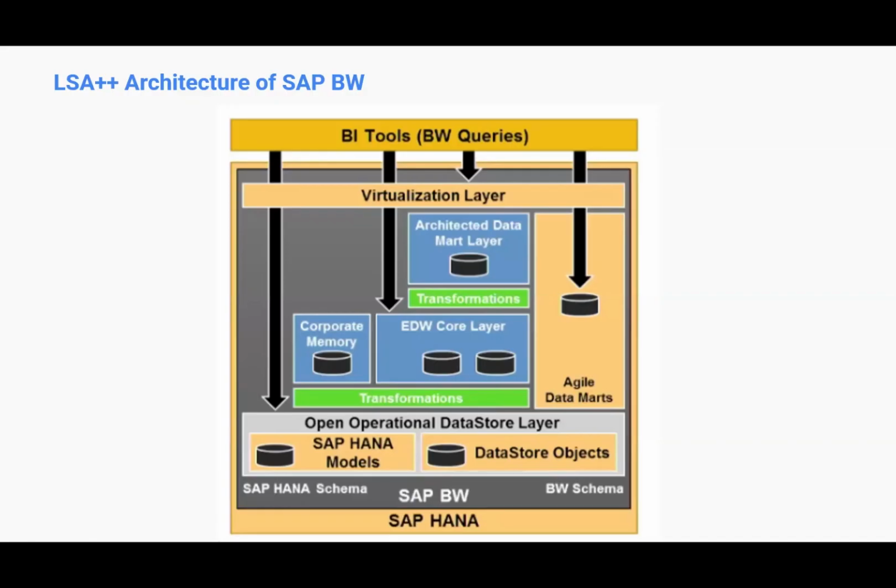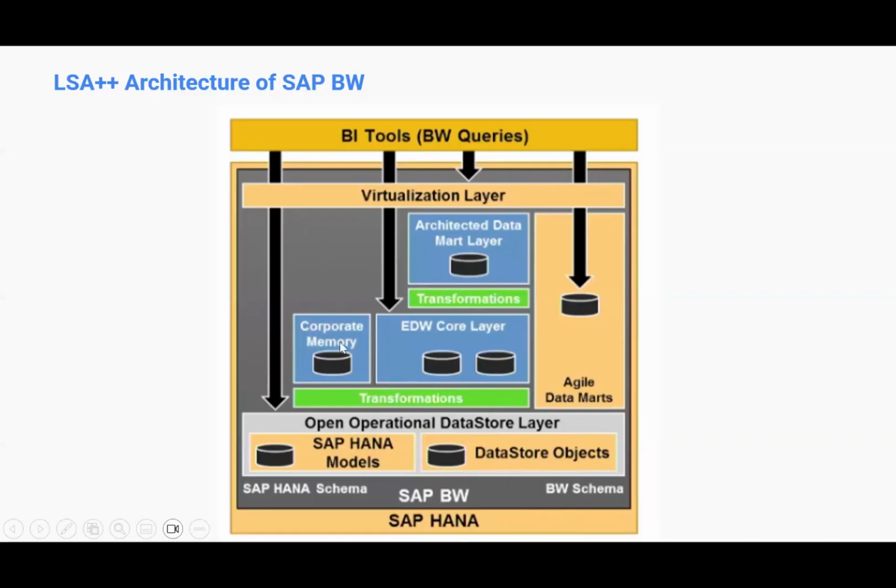You cannot store it directly on the database. Within the database also you need to create some tables where you want to store data. We'll talk about what data store objects are, but for now you can resemble it to a kind of table.